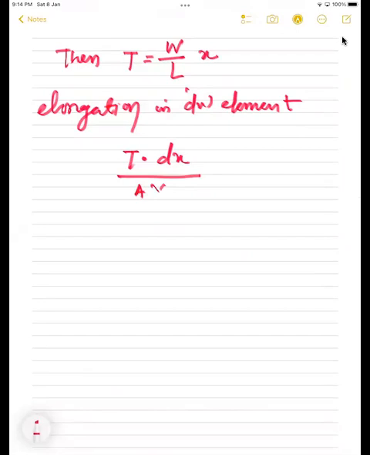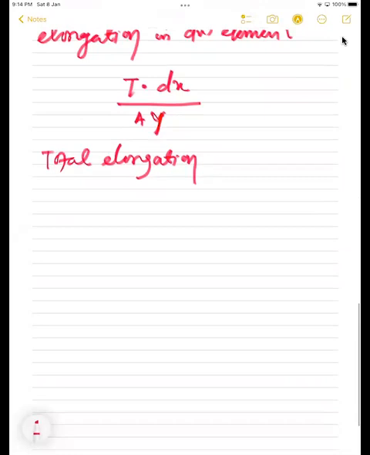Correct. So we want to find the total elongation, which means you have to integrate. To find the total elongation, what do you have to do? The elongation is equal to the integral of T dx by AY, with length from 0 to L.